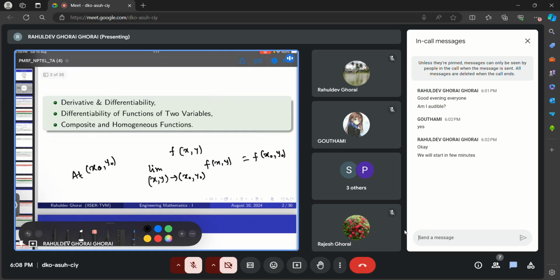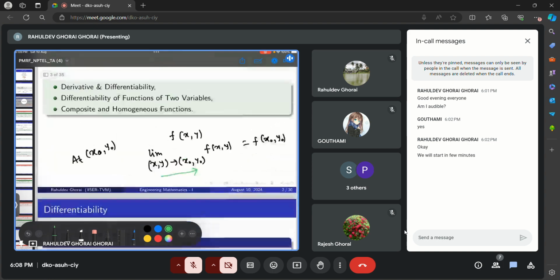The limit can be approached through different paths, and if you get a different limit along different paths, then the limit won't exist, and we cannot say there is continuity at that point. So limit does not exist implies not continuous, and you can show that the limit does not exist using different paths.